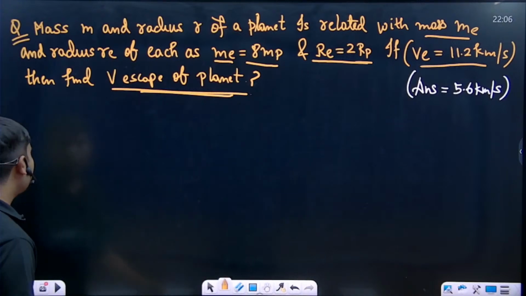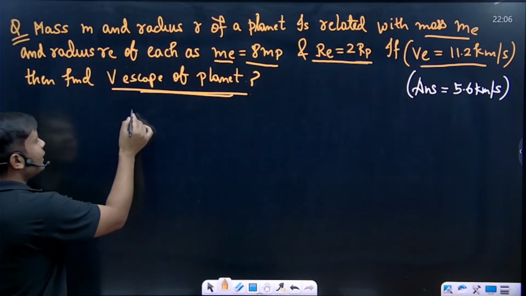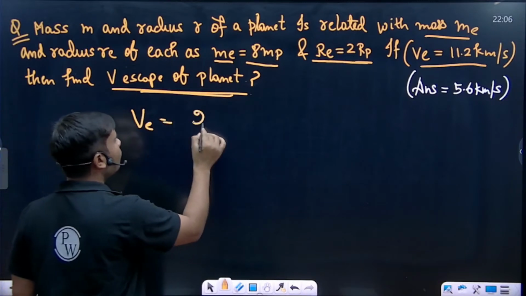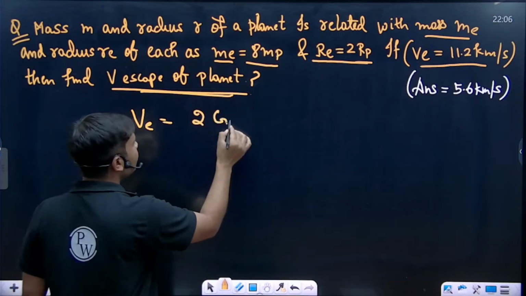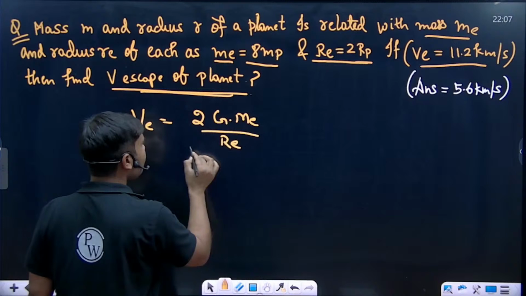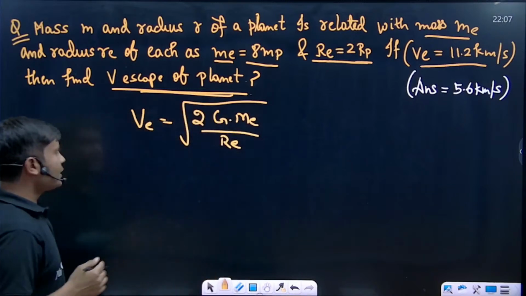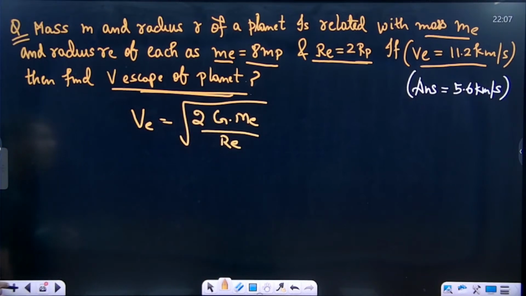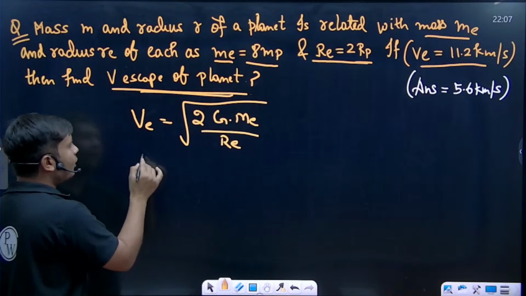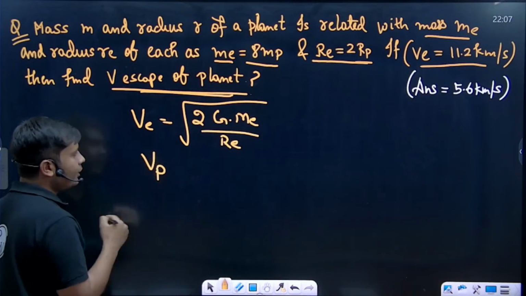What do we know? We know that the escape velocity Ve is equal to the square root of 2GMe upon Re. This is the escape velocity of Earth. What will be the escape velocity for the planet?